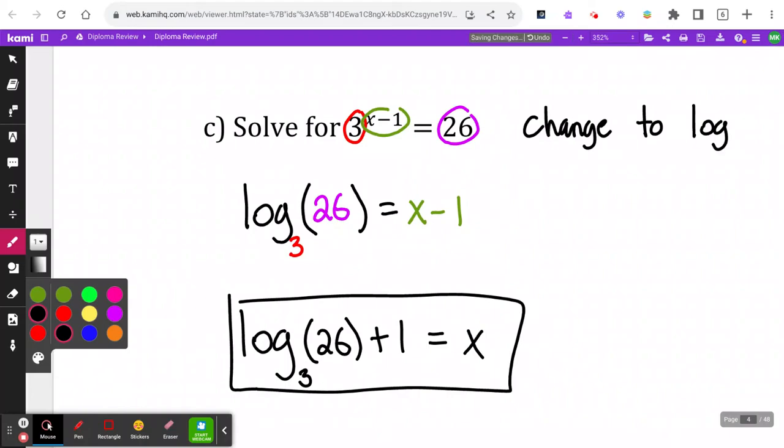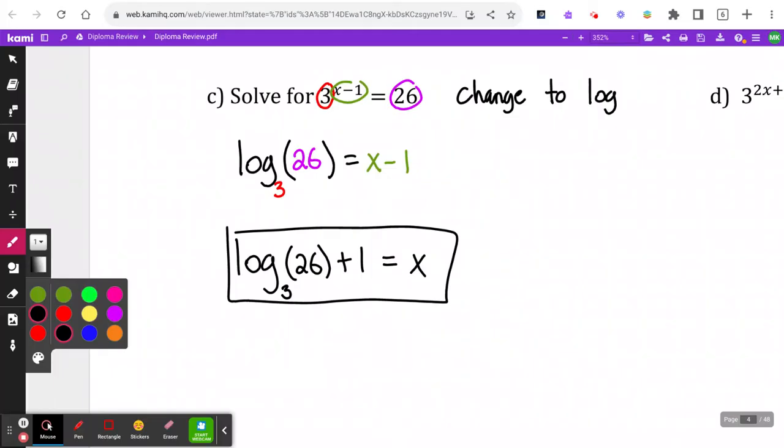Notice that I didn't say log base 3 of 27. All right, this 26 and this 1 cannot be added together. This 26 is part of the log, this 1 is not part of the log. Do you have to solve the log?